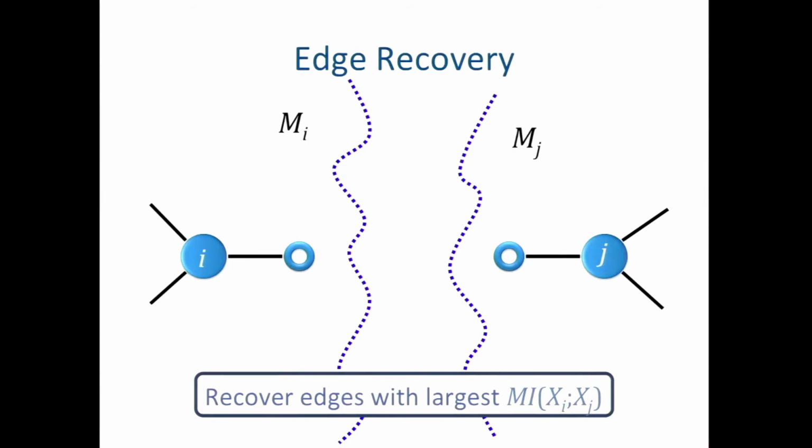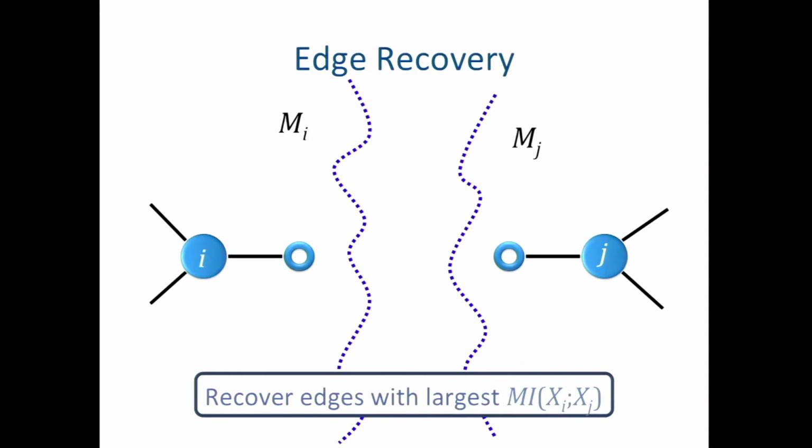So the idea is you recover the edges that have high mutual information, because these guys are not loosely coupled. Maybe by deleting the edge, you lost a lot. And the intuition is if there are two variables that are loosely coupled, then ignoring the equivalence constraint may not be that bad. Okay, this is basically edge recovery.